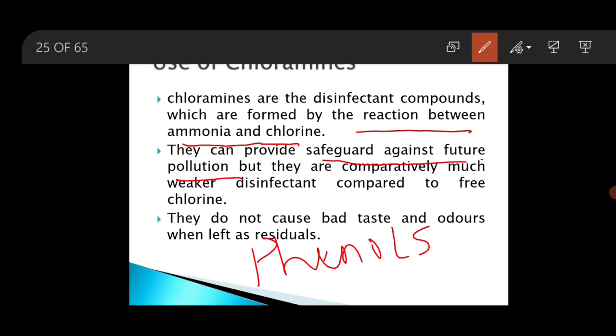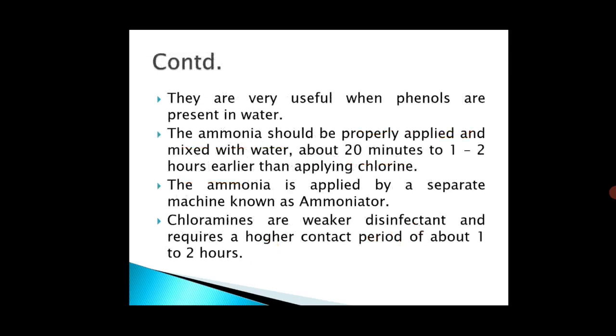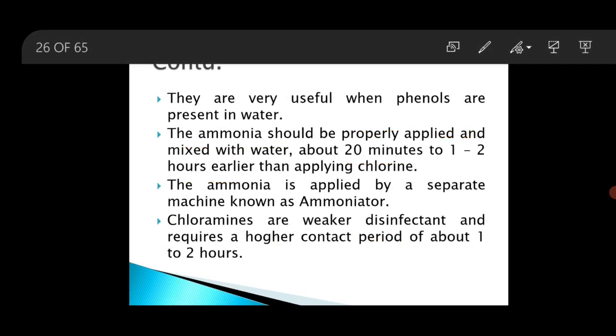For producing them, ammonia is added to the filtered water before adding chlorine. Under normal conditions, the amount of ammonia used generally varies from 1/3 to 1/4 of the amount of chlorine.